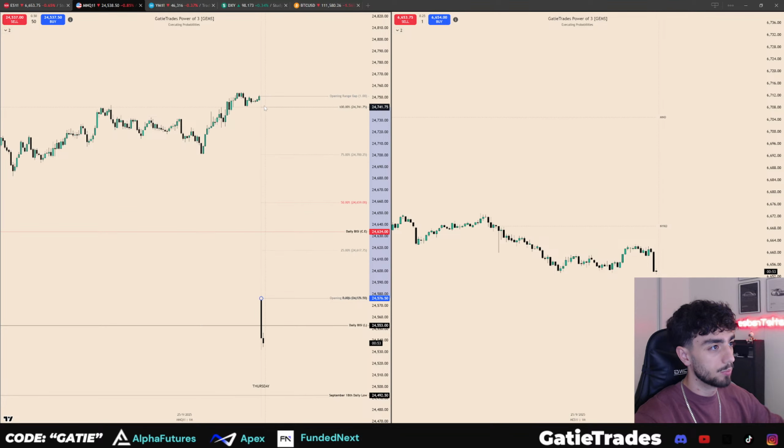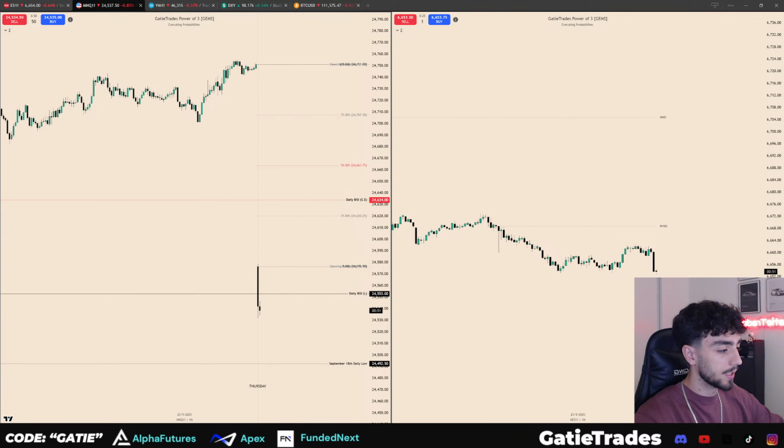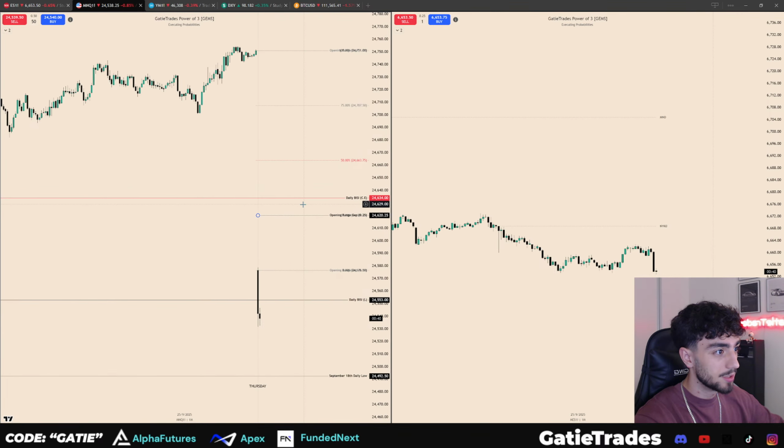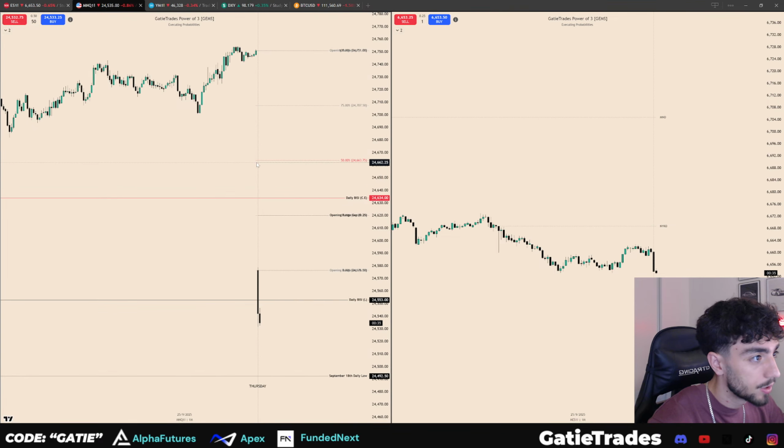I wish today was a clear bullish day because we would get really nice conviction, as the opening range gap is higher. Do we even need to mark out the other upper quadrants? We're probably not gonna get there. Let's just mark out these two.